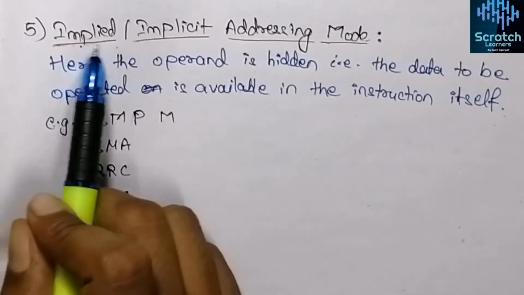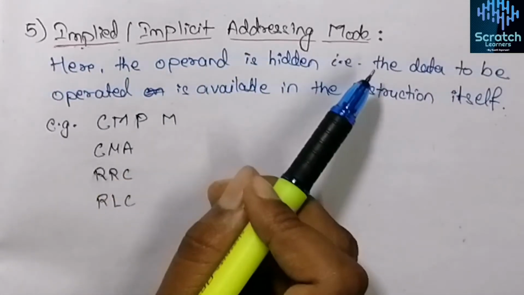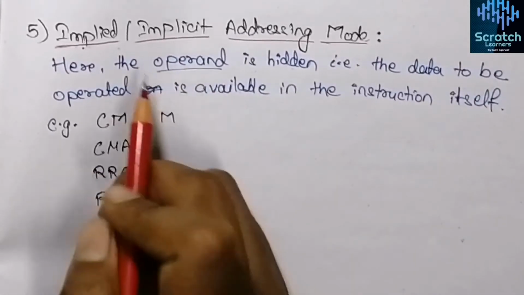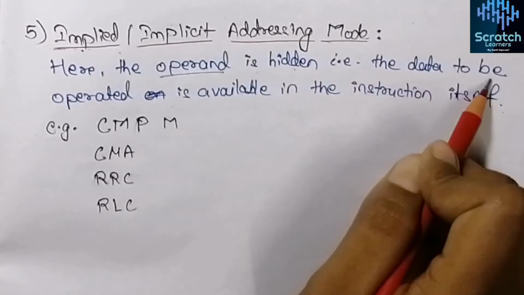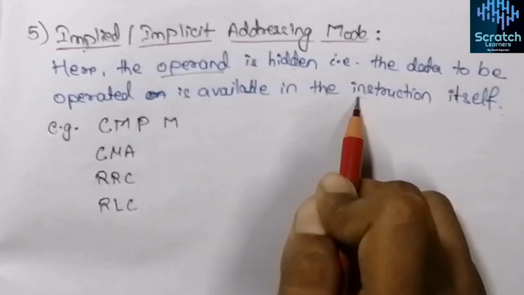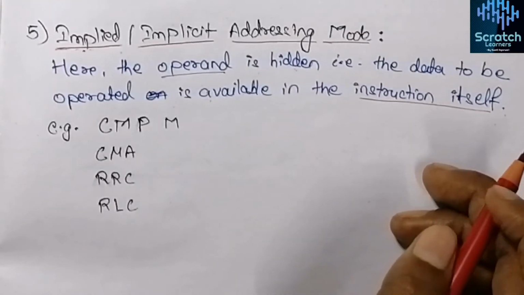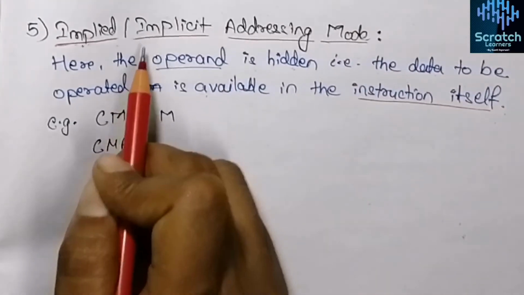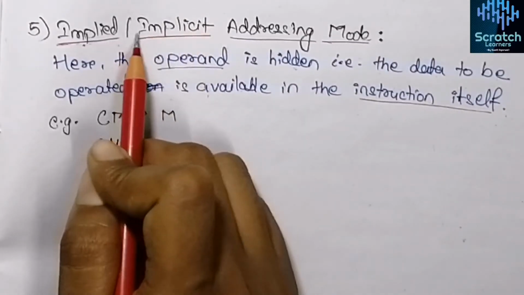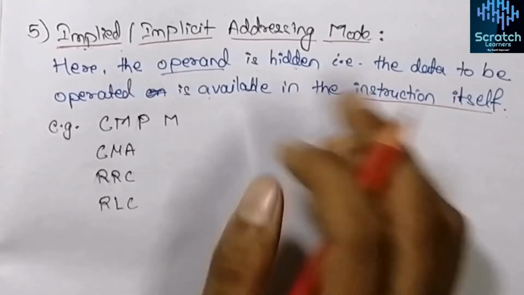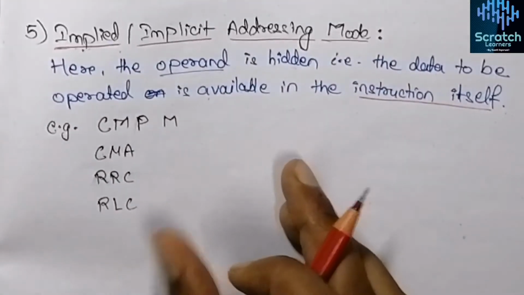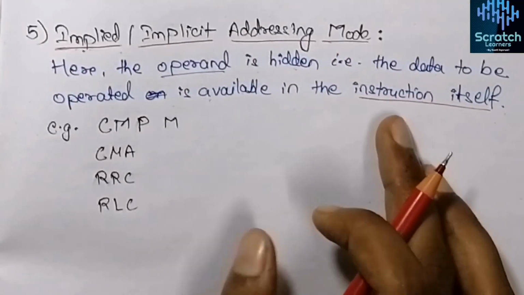Then the last one is implied or implicit addressing mode. In this addressing mode, the operand is hidden. That means the data to be operated on is implied by the instruction itself. So as the name suggests, the data is being provided implicitly, not explicitly. So the instruction itself contains the information on which the operation is going to be performed.